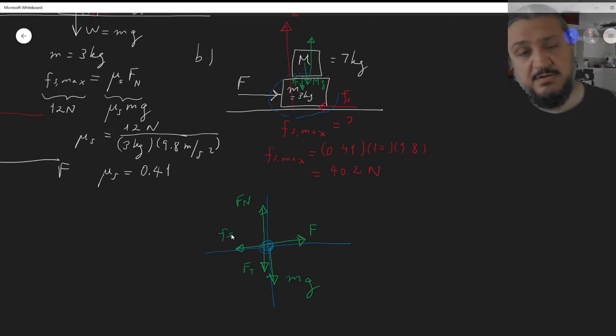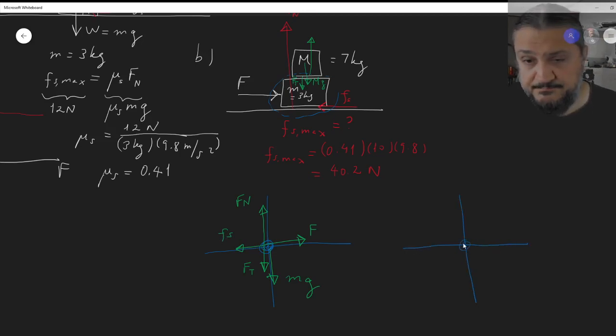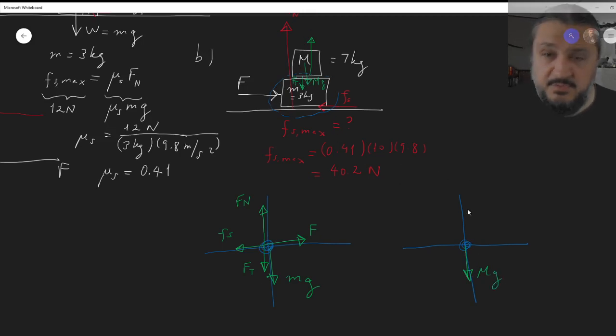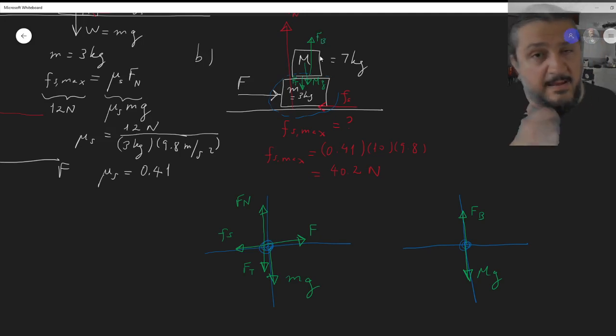Okay, and you could isolate the top mass as well. In that case, you have its own weight, that is capital Mg. You have the normal force from the bottom, call it Fb, okay?